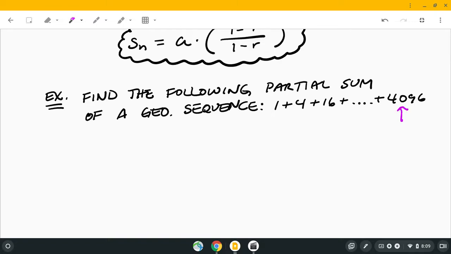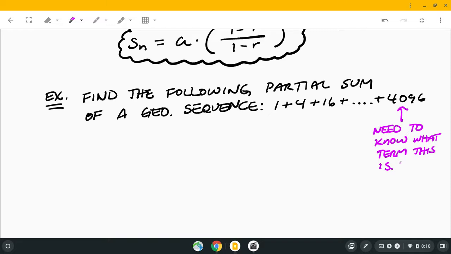we don't know what term that is. Is that the 5th term? Is it the 100th term? We don't know. So we need to know what term this is, and the reason why we need to know that is because we want to know what n is.